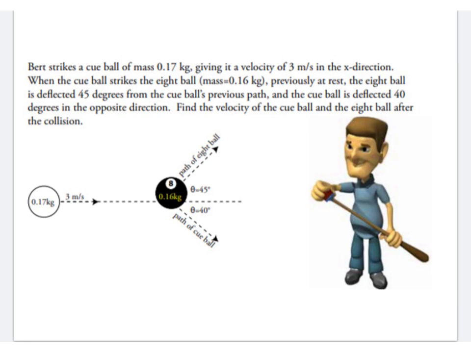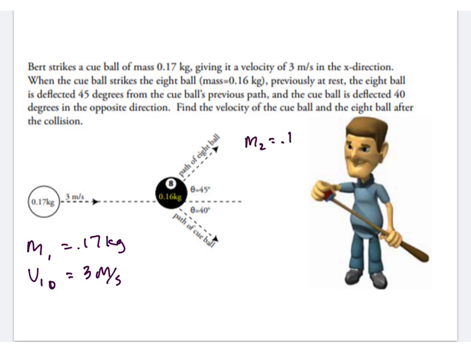So if I were you, I would write down a lot of this information right here. Okay, you need to know the mass of the cue ball. So M1 is 0.17 kilograms. V1 initial, or V1 naught, is 3 meters per second.